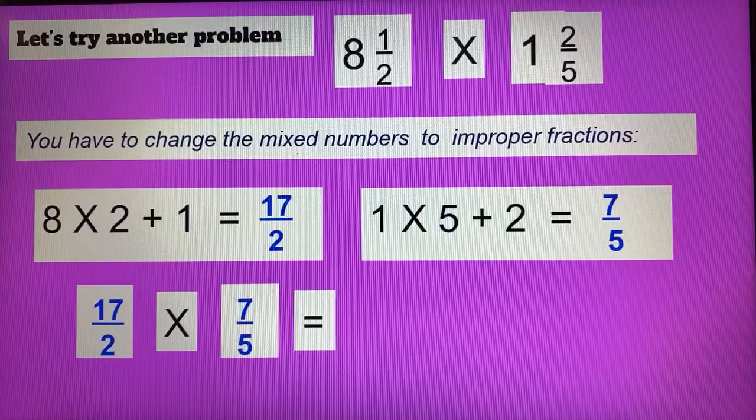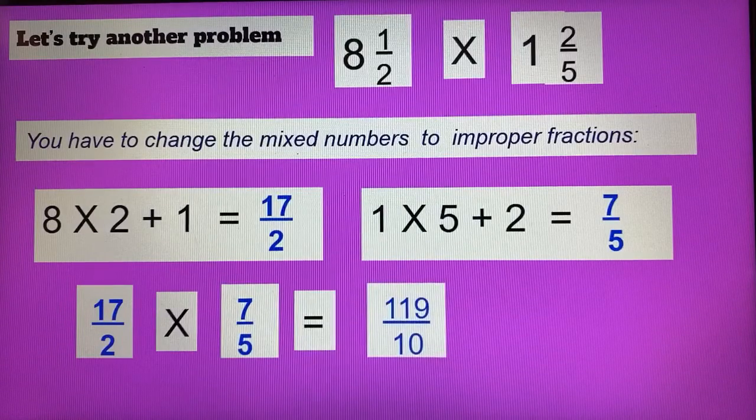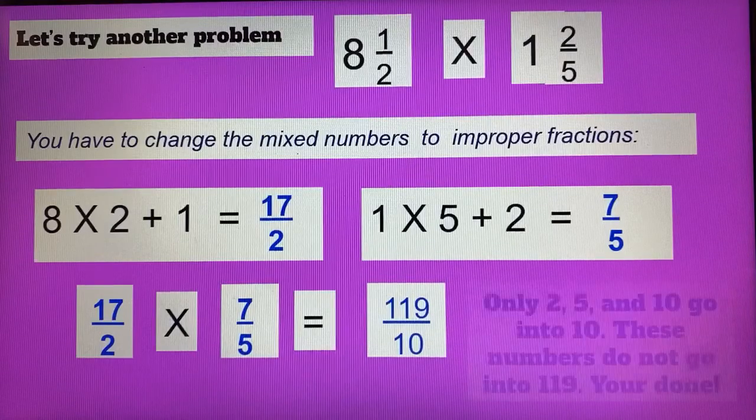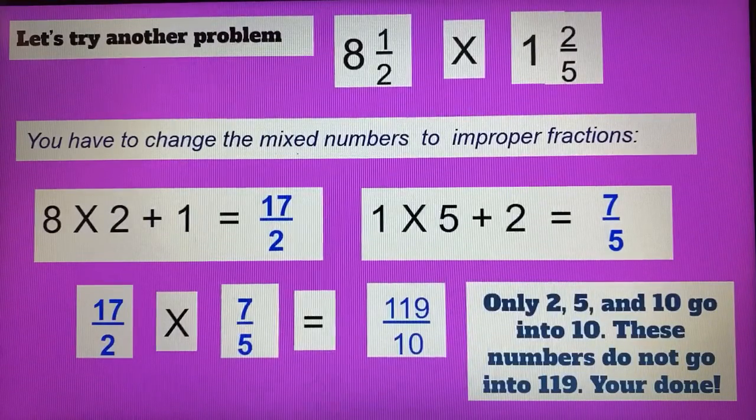And 17 times 7 is 119. And 2 times 5 is 10. And we could try, but only 2 and 5 go into 10, and these numbers do not go into 119. So we're done with that one. So you're done.